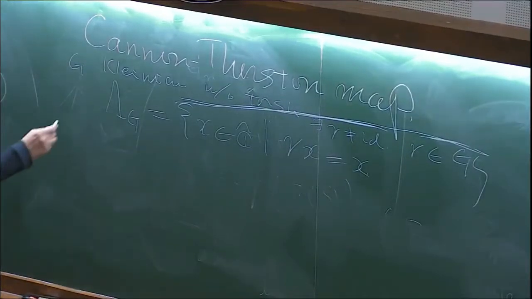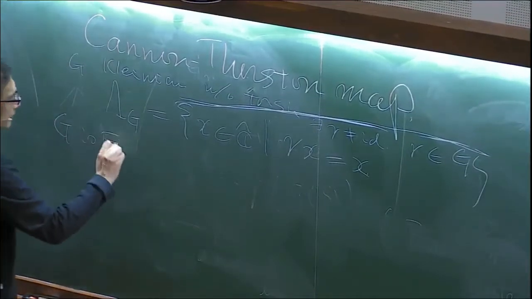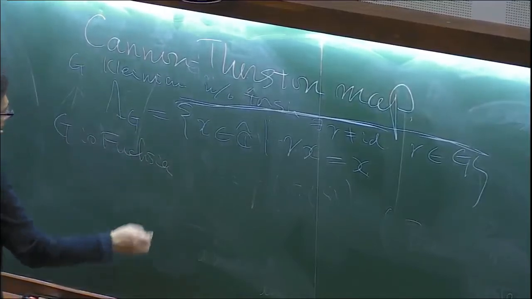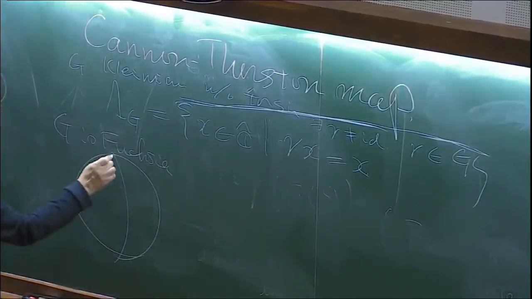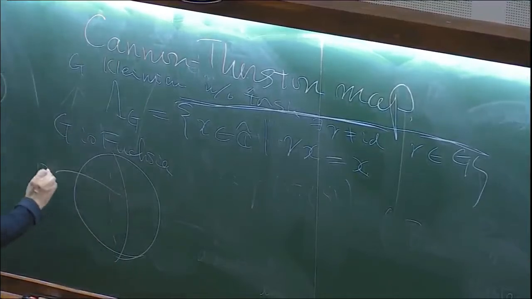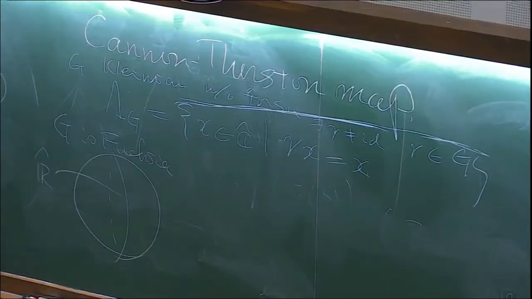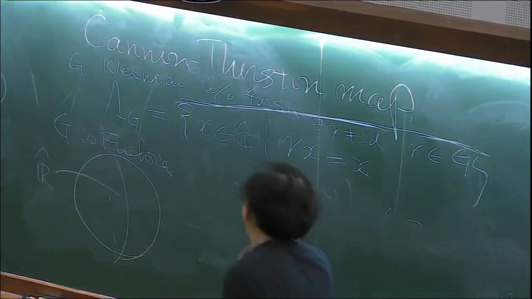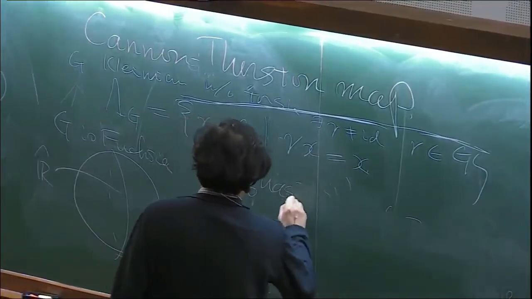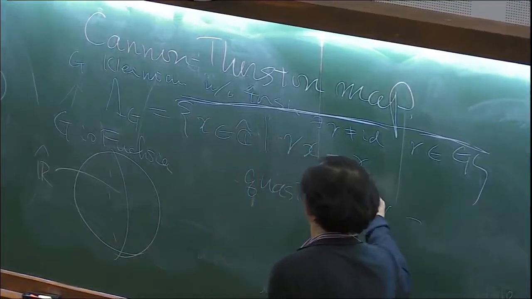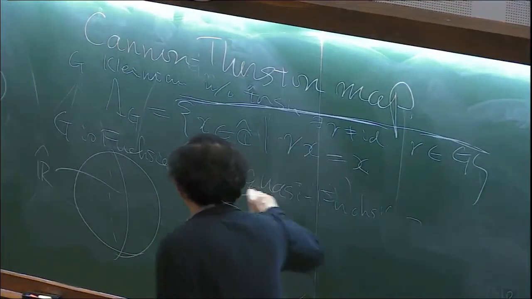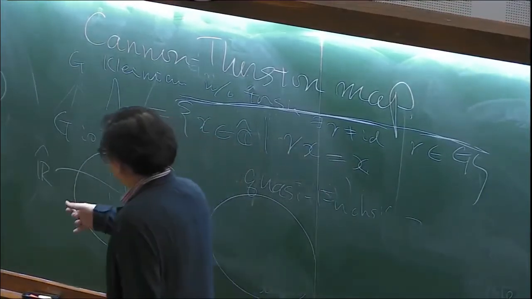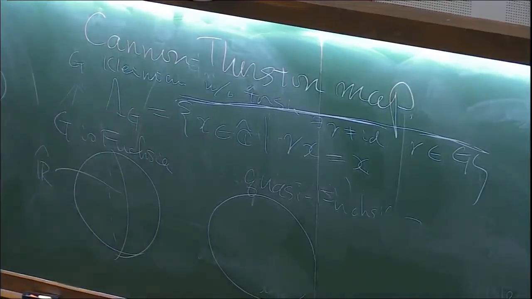In the case when G is Fuchsian, the limit set is nothing but the one-point compactification of R. In the quasi-Fuchsian case, it is the image of this curve by a quasi-conformal homeomorphism.